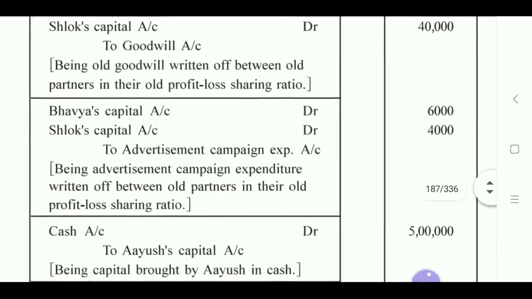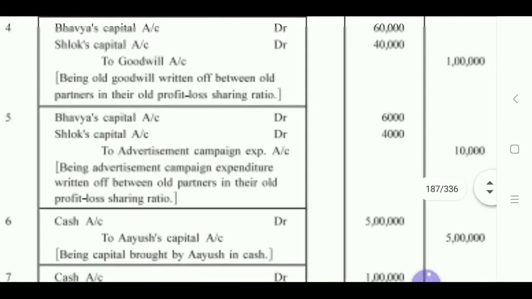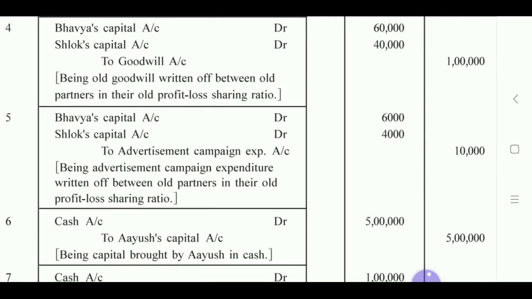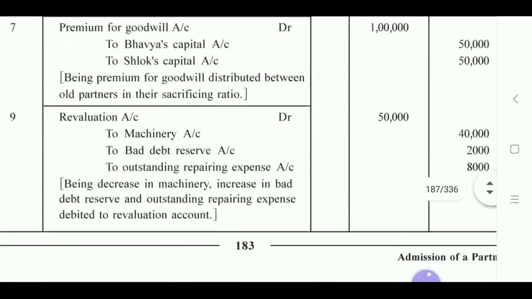Yes. So here is the journal entry. Bhavya's capital account debit, Shlok's capital account debit 6,000, 4,000. To advertisement campaign expenditure account 10,000. So this is written off among the partners in their old profit loss sharing ratio. Now the posting for this.